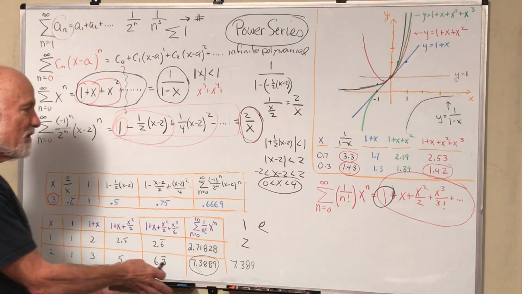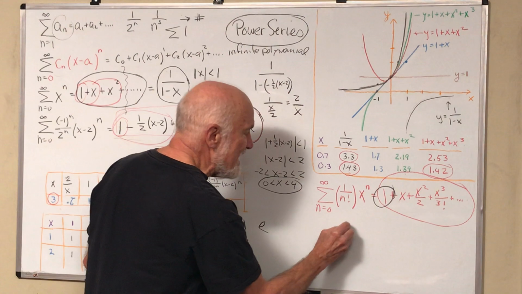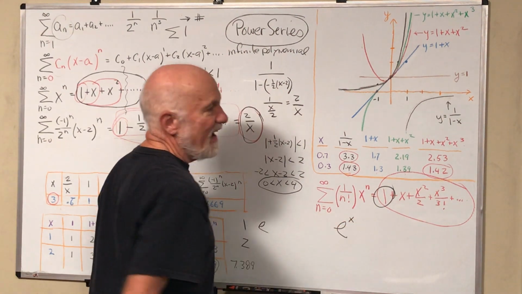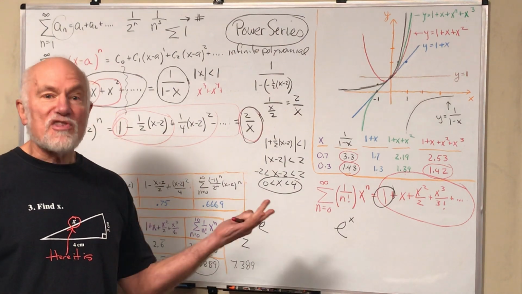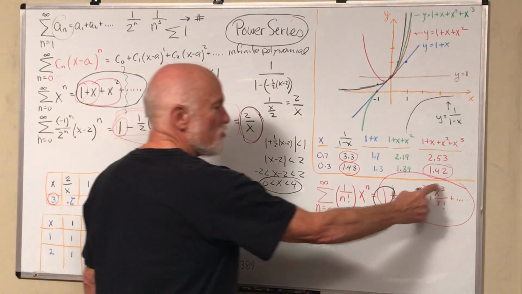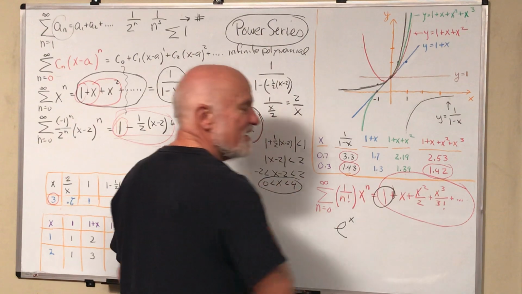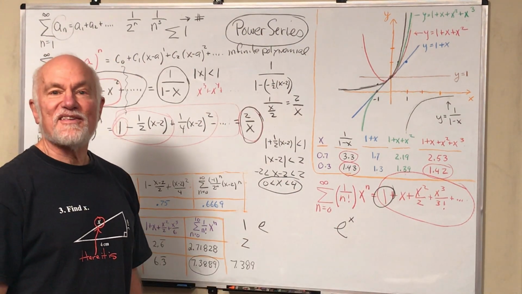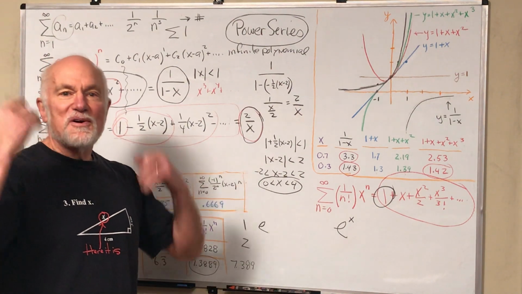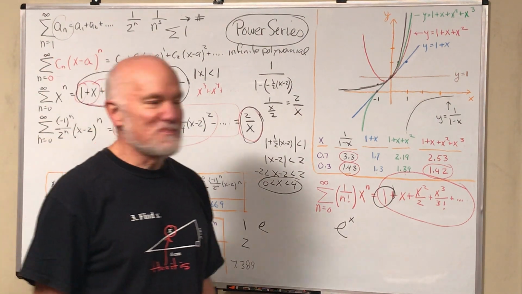Could this possibly be e to the x? I think it must be a coincidence. But wouldn't that be the coolest thing ever if we just randomly picked this power series and it turned out to be the function e to the x? Oh well, I'll have to think about that one.